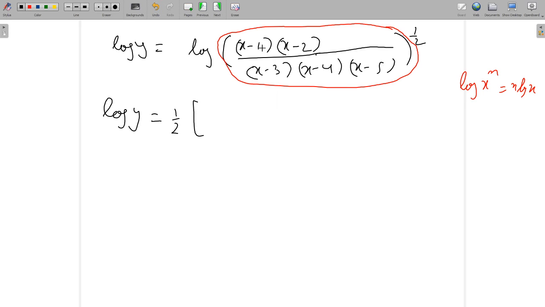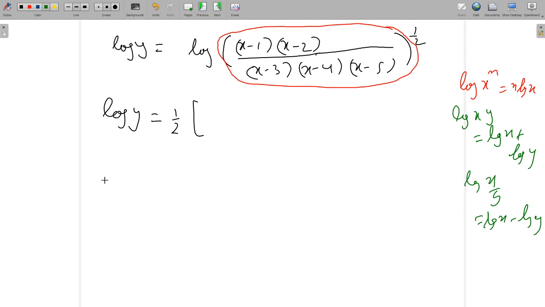now we know that log a into b is log a plus log b. This formula I am writing for you, so it will be easier for you to understand. That is log of xy is equal to log of x plus log of y, and log of x by y is equal to log x minus log y.